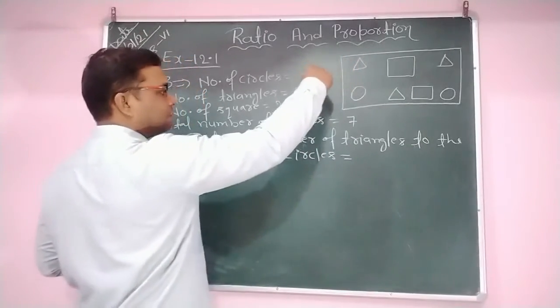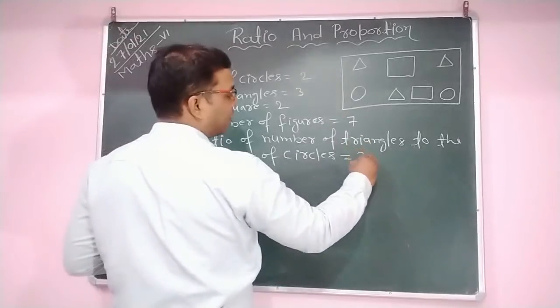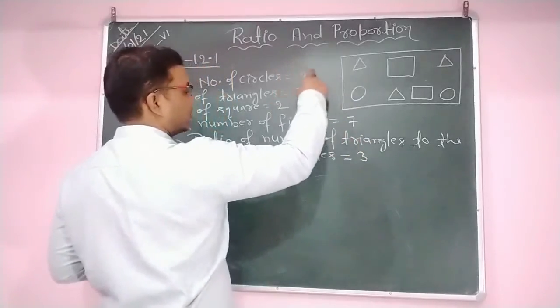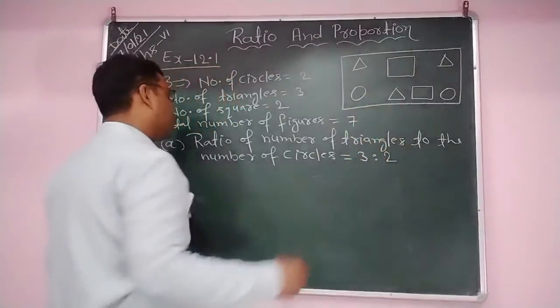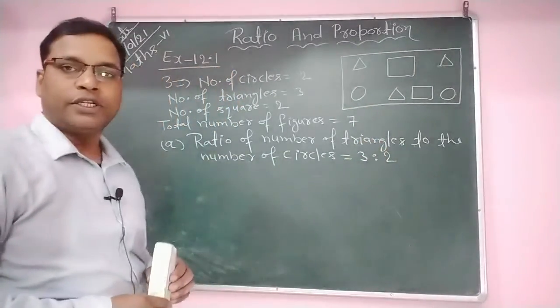The number of triangles is 3. The number of circles is 2 inside the rectangle. So our required ratio is 3:2.